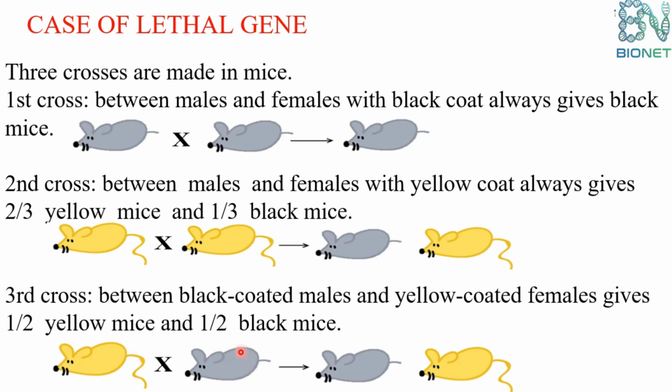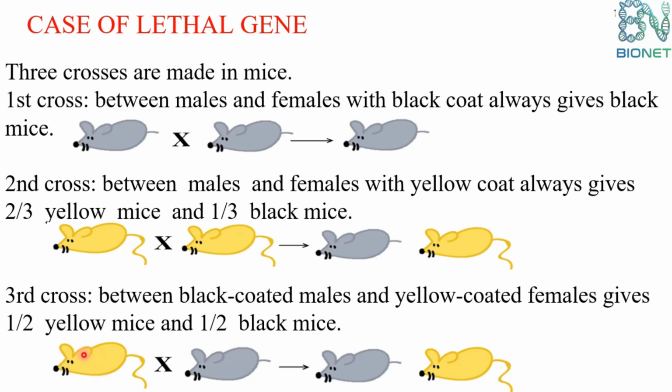For the parent having the black color, which is the recessive one, the black mice always have the recessive phenotype expressed only in the homozygous state. All black mice have the genotype small b, small b.